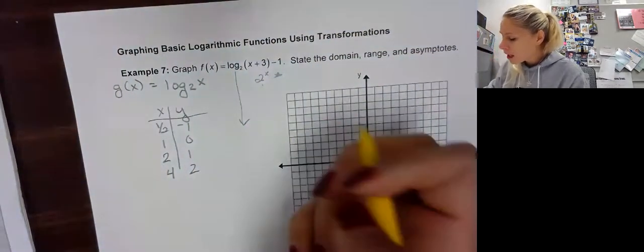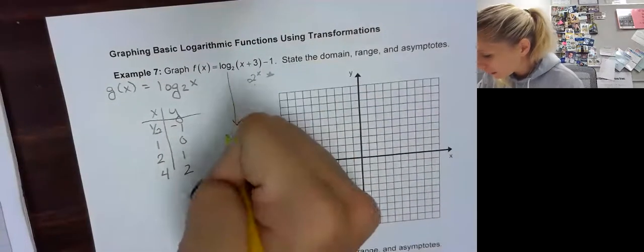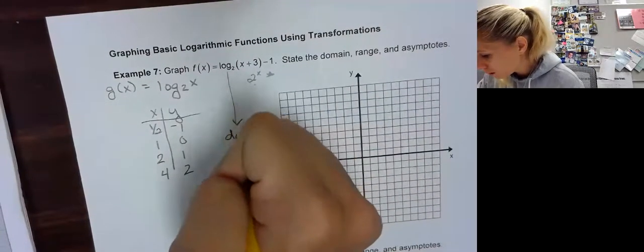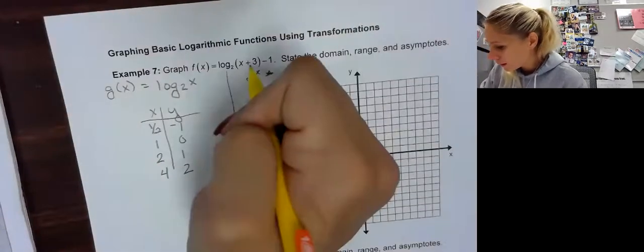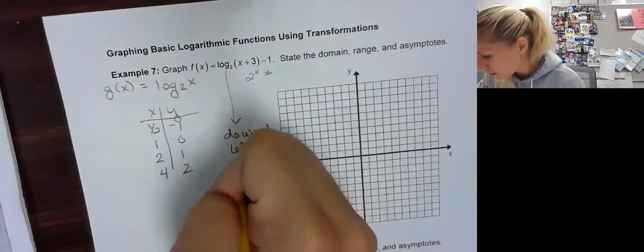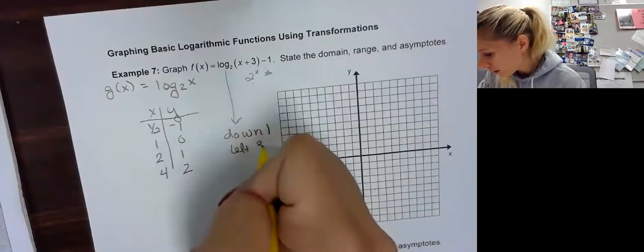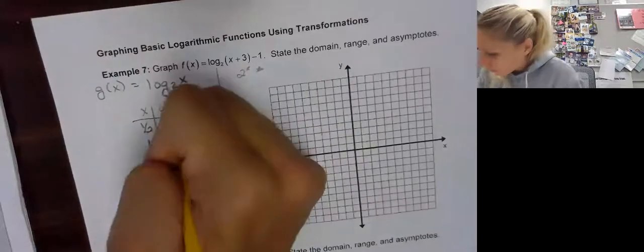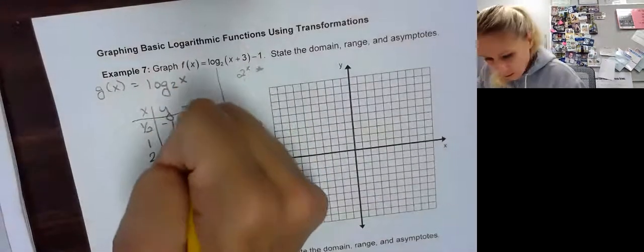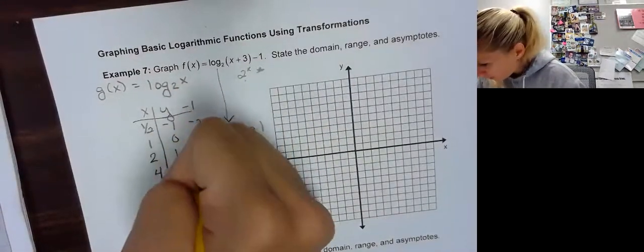All right, so let's look at this graph. What happens? Well, on the outside here, we're subtracting 1, so we're going down 1. And we're going to the left 3. Okay, so let's interpret that on our table. Down 1 means we're going to subtract 1 from our y value.